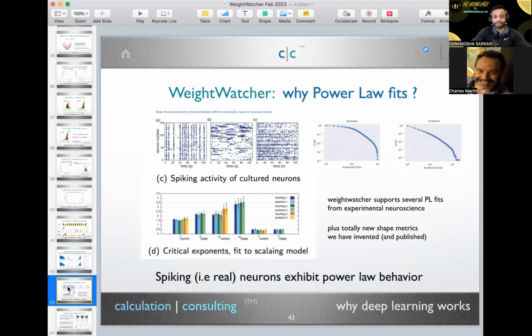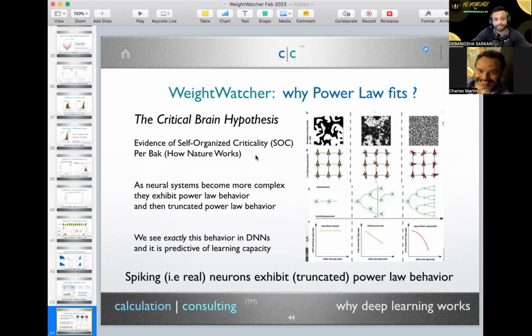If you look in particular at the spiking activity of cultured neurons, these are real neurons now, not PyTorch or Keras, and you study how they spike and look at the spatial-temporal patterns, you find that they exhibit power law behavior. Really interesting. And this is known, and they fit critical exponents. So this is called the critical brain hypothesis.